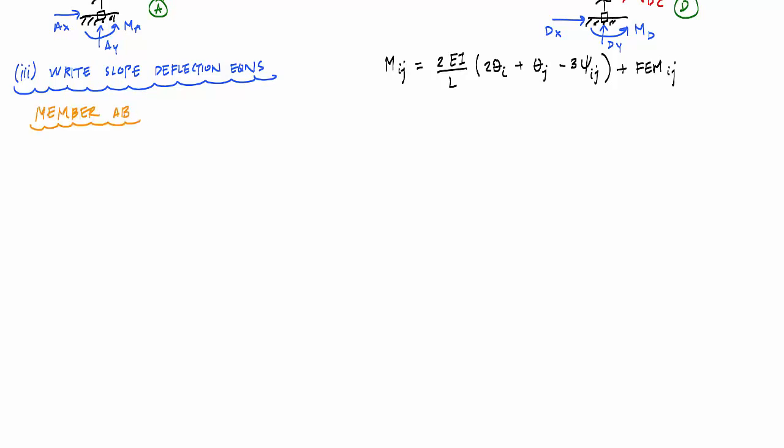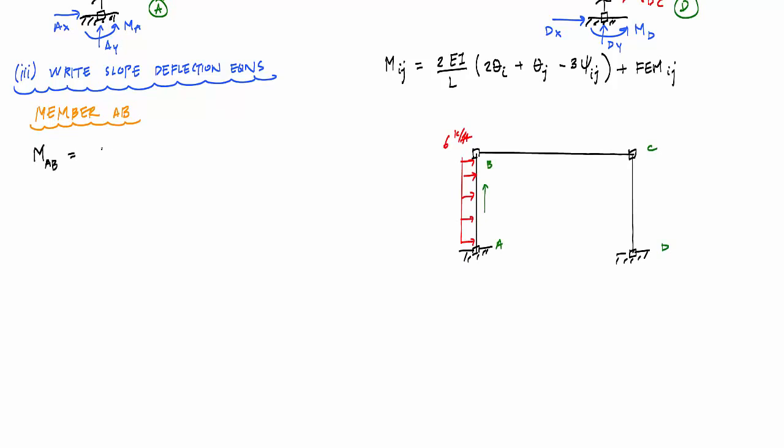And if you recall the frame from before, just to give you a quick reminder, it looked like this. And so for this first slope deflection equation, MAB would be 2EI AB over the length of AB, 2 theta A plus theta B minus 3 psi AB, which is the chord rotation, plus FEM, the fixed end moment at A. And then you'd have, again, 2 equations per member.